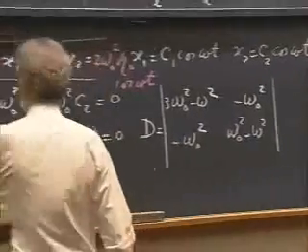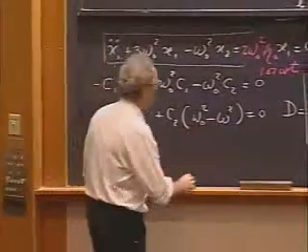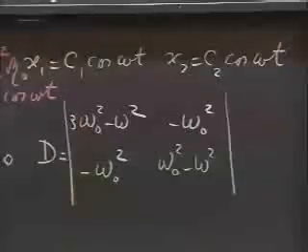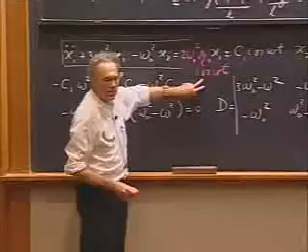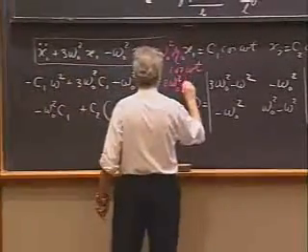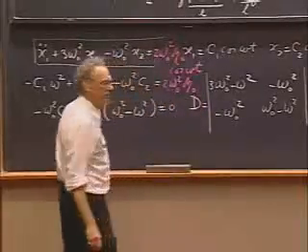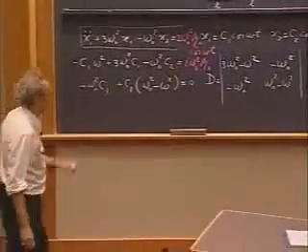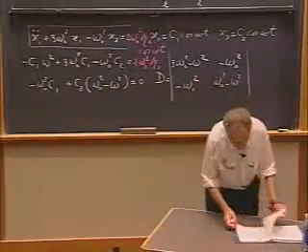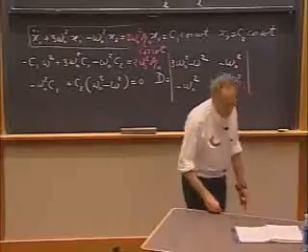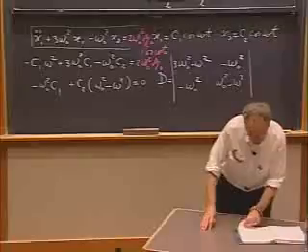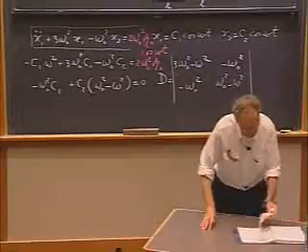So if we want to go back now to these two equations, what changes here, since we have put in this trial function, the only thing that disappears is this cosine omega t. So we end up here with 2 omega 0 squared times eta 0. And nothing else changes. But now we're looking at our solution for C1, and we're going to look at our solution for C2 in steady state.